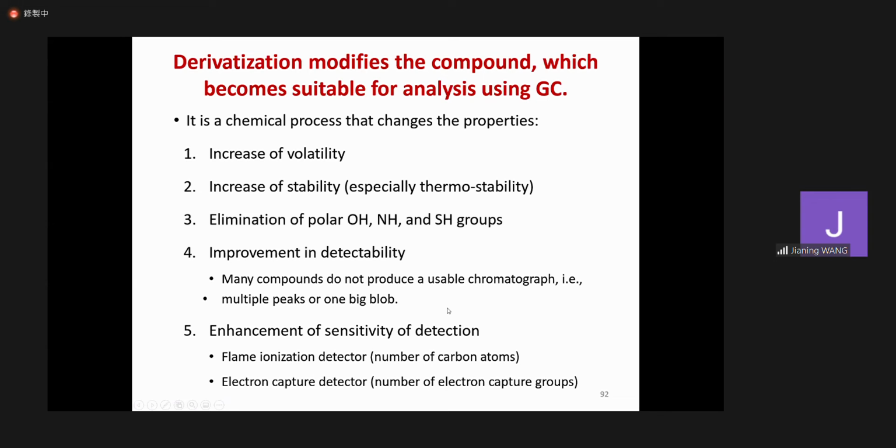Sometimes we also consider detectability. For example, considering the available detector, we may introduce some special group or special elements to help improve the sensitivity. Point 5 is the same way.